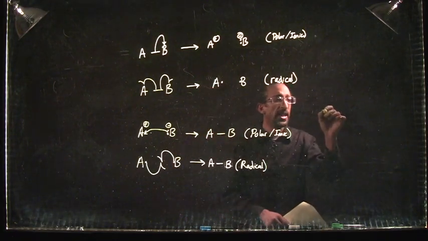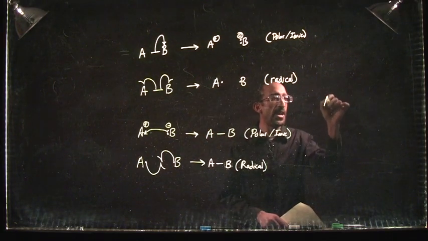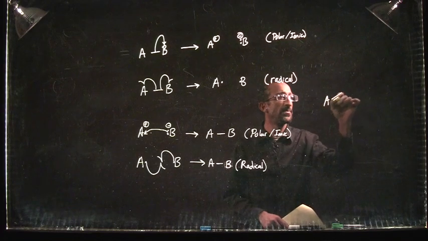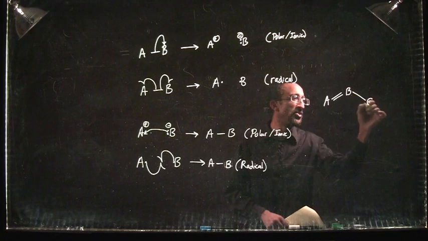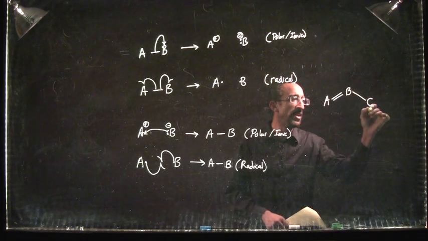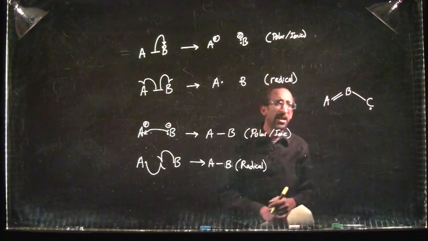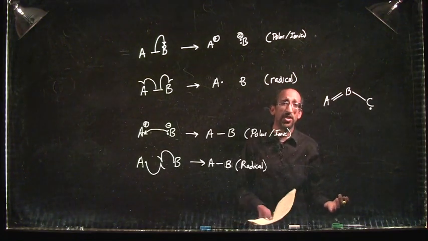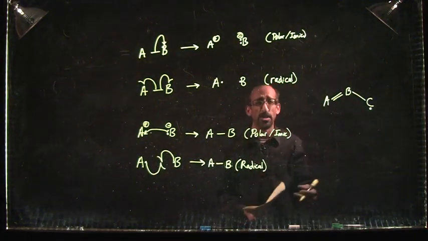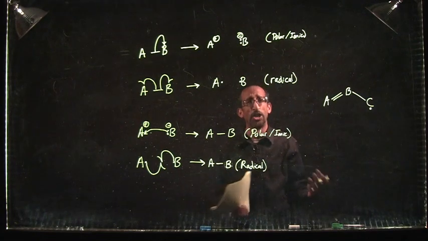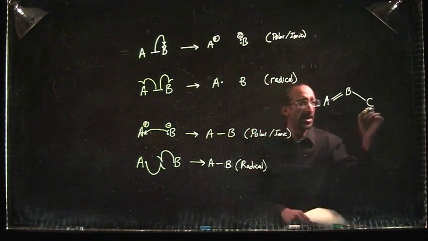And so let's take a look at a hypothetical radical. Here I have atom A connected to atom B, which is connected to atom C, that has an unpaired electron. And now I'd like to draw a resonance structure for this, where I delocalize that radical, the same way I would delocalize a positive or negative charge in a polar or ionic process.